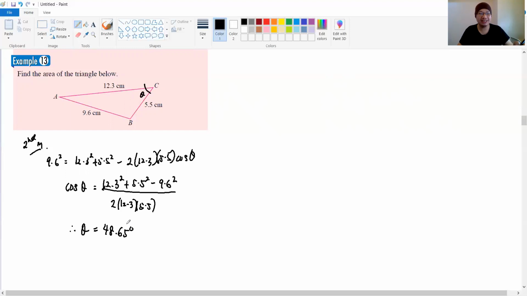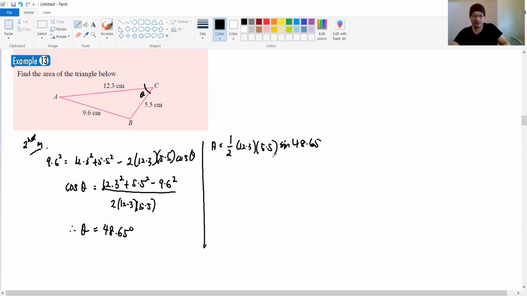Now, how to find the area? After we already find the angle, we need to find the area by using the normal formula, which is 1/2 ab sine C. A is 12.3, B is 5.5, and your theta is 48.65 degrees.